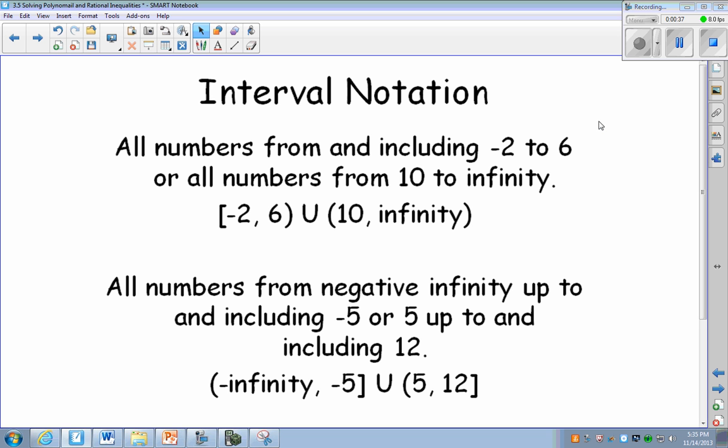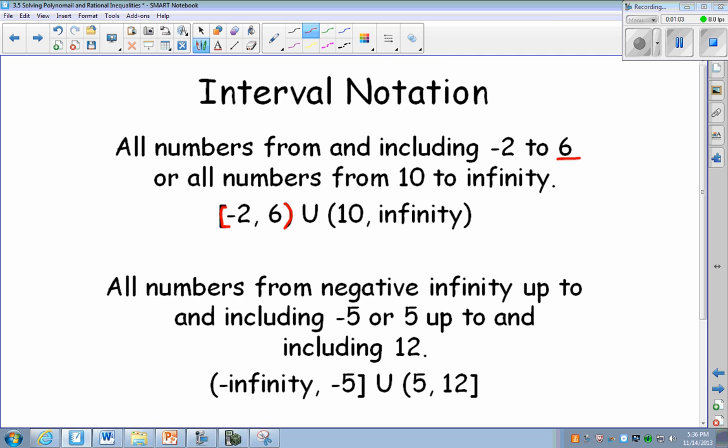Before we move on to determining when a function is less than another one, I want to discuss interval notations. And just to remember, when you include a number, so when you're including -2, you have a closed bracket. And when you don't include a number like 6, so we're going from -2 to 6, and we don't include 6, we have the parentheses.